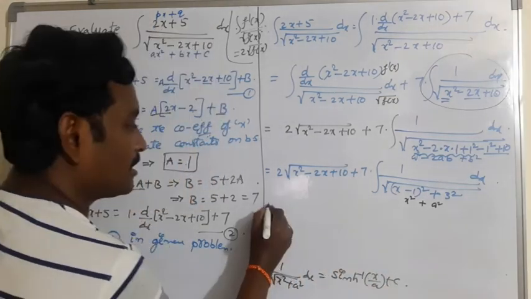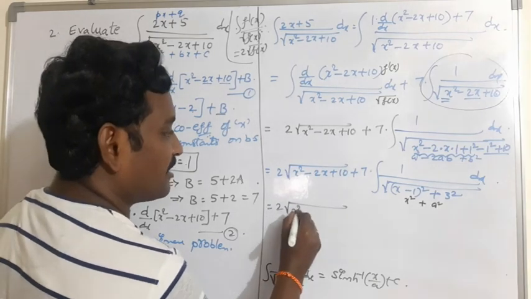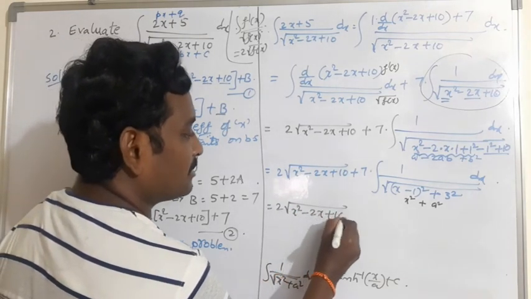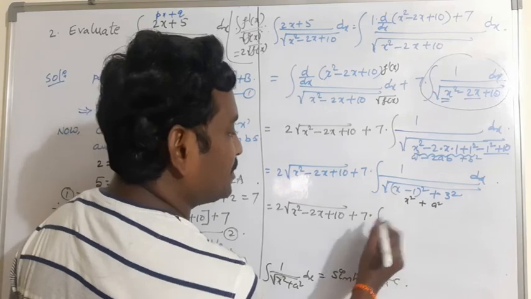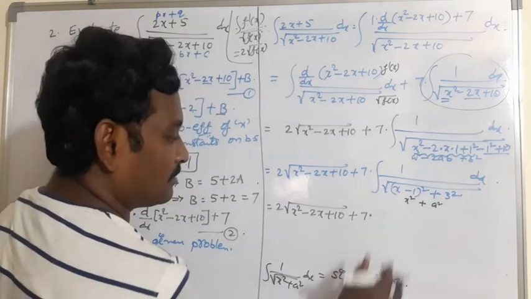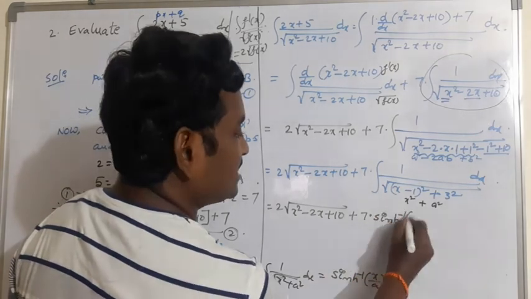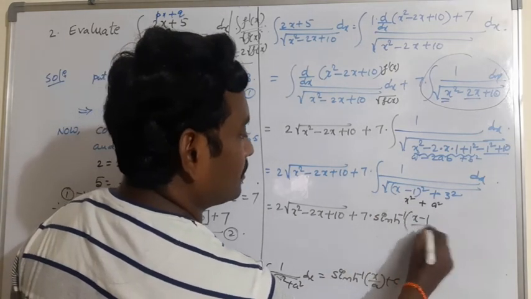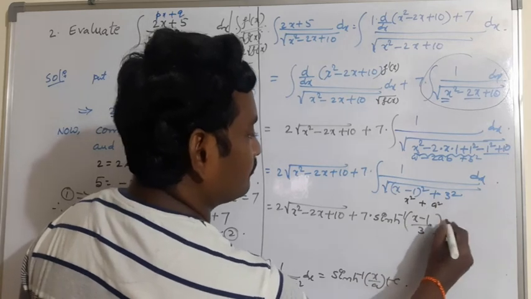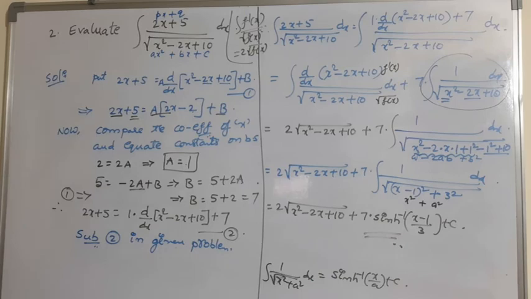According to this formula, the first part is similar, x square minus 2x plus 10, plus 7 into integration of, apply this formula directly, which is sinh inverse of, what is x? x minus 1 by, what is the a value? 3, plus c. This is the result of the given integration. Okay, I will give the next problem.